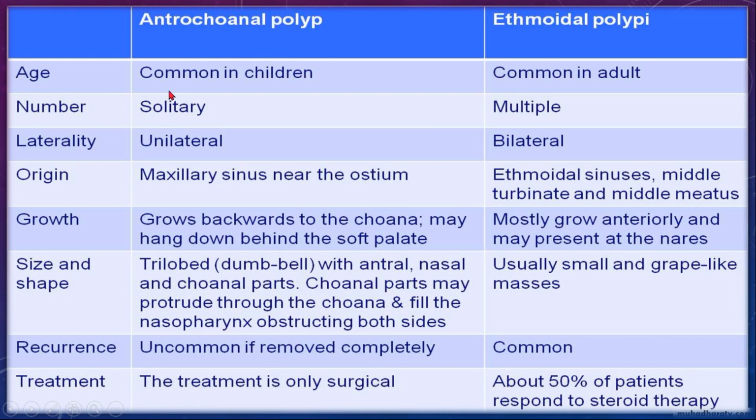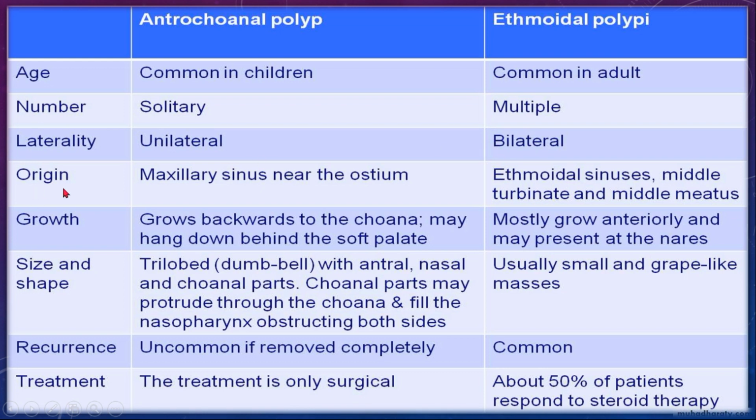Next one is a comparison of antrochoanal polyp and ethmoidal polyp. First one is age: antrochoanal polyp is common in children, and ethmoidal polyp is common in adults. Number: antrochoanal polyp is solitary, single; ethmoidal polyp is multiple. Laterality: antrochoanal polyp is unilateral and ethmoidal polyp is bilateral.